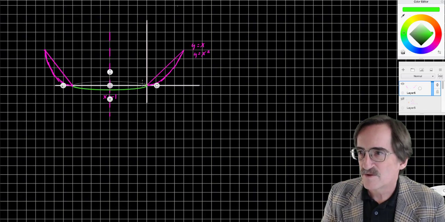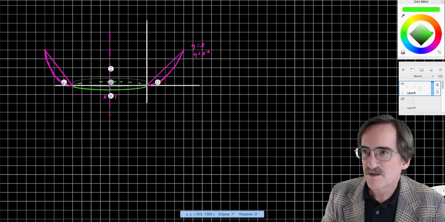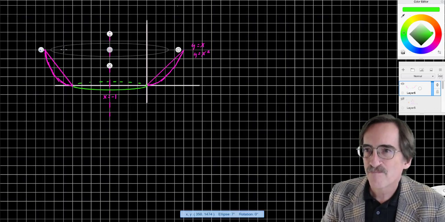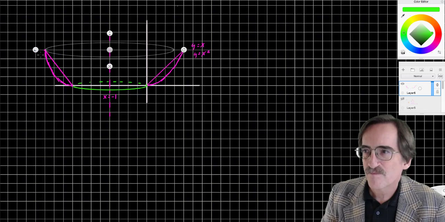So we've got this circle as the base, and this circle as the top. Oh, I didn't draw it far enough again.